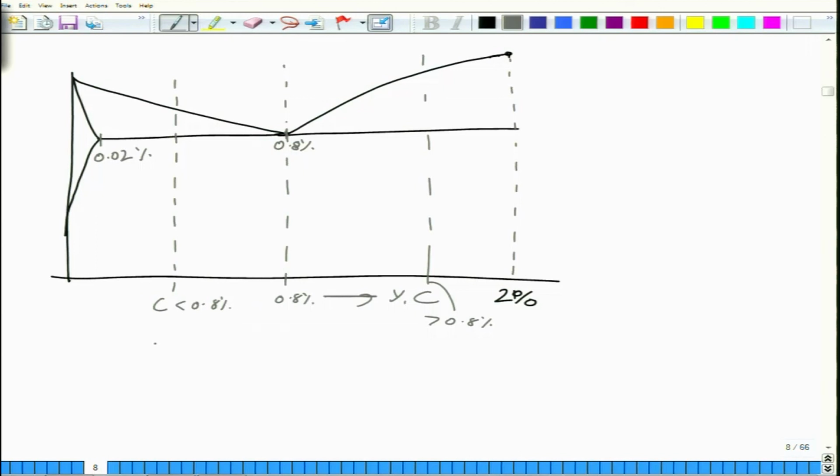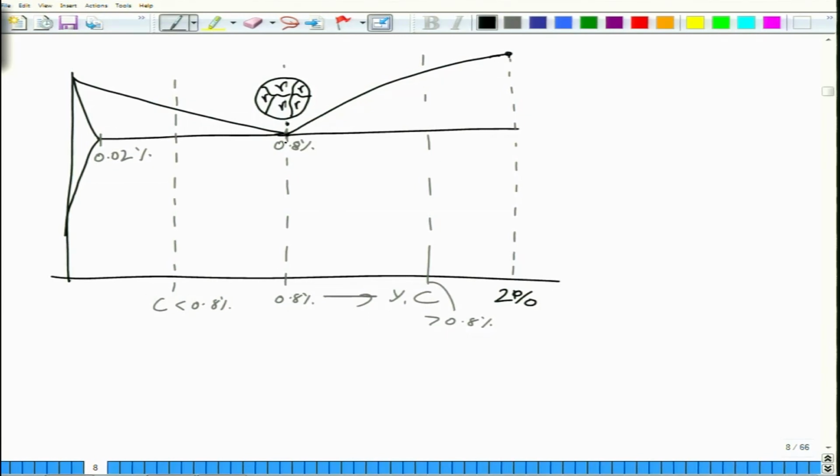The microstructure that develops here, last time I showed you what the microstructure of eutectoid steel is. If you start from eutectoid steel, up to this point you have a microstructure like this: grains of gamma, the FCC phase.